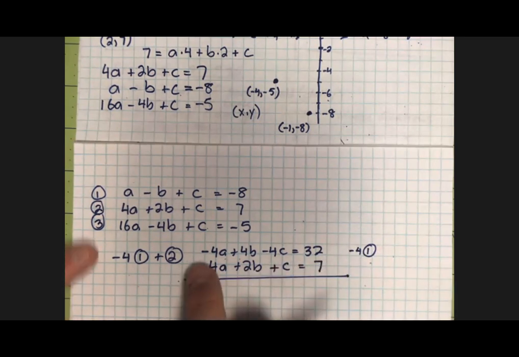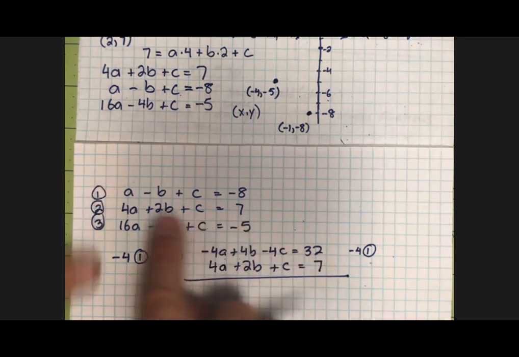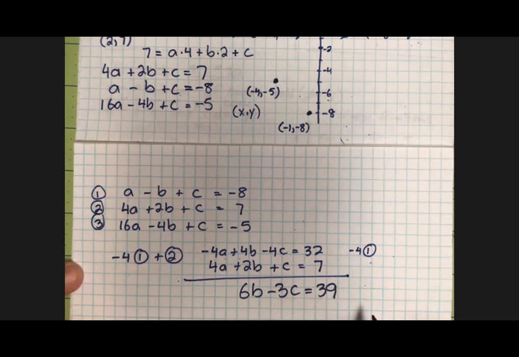Now make sure you multiply exactly correctly and with all the minus signs accounted for. What I get is 6B's minus 3C's equals 39. In fact, I can make that a little bit easier on the eyes by dividing everybody by 3, since everybody is divisible by 3. 2B minus C equals 13.